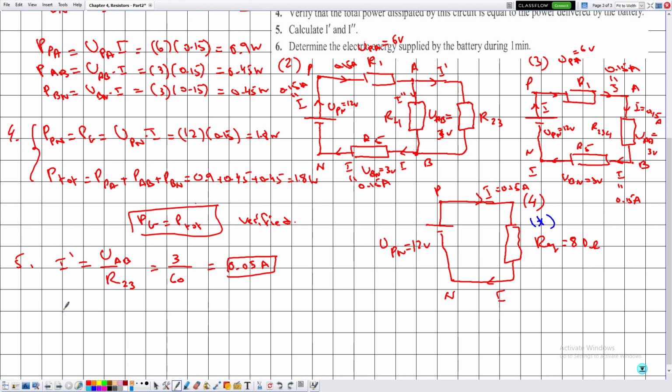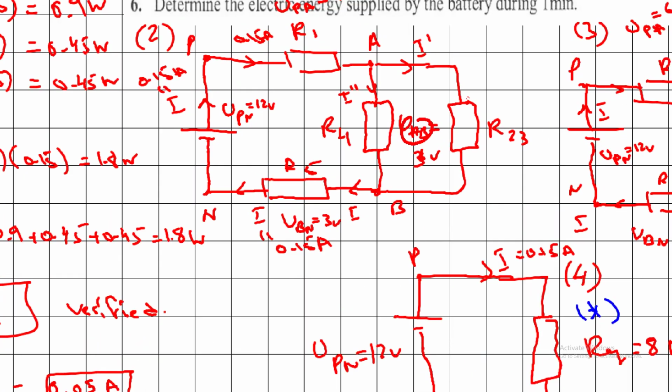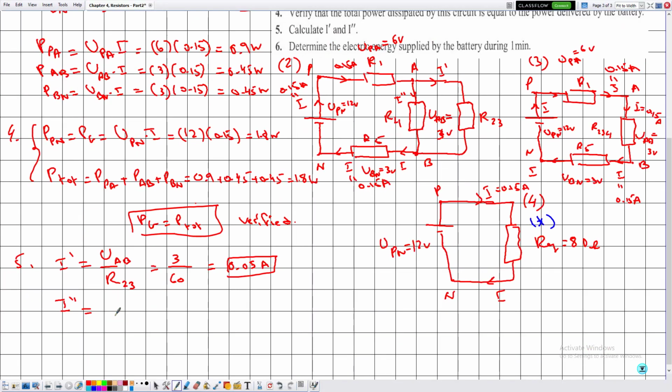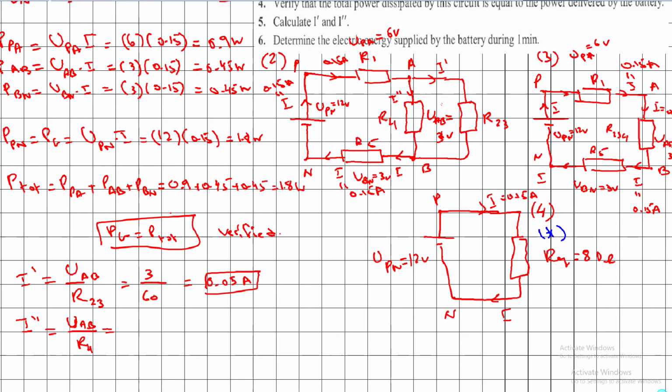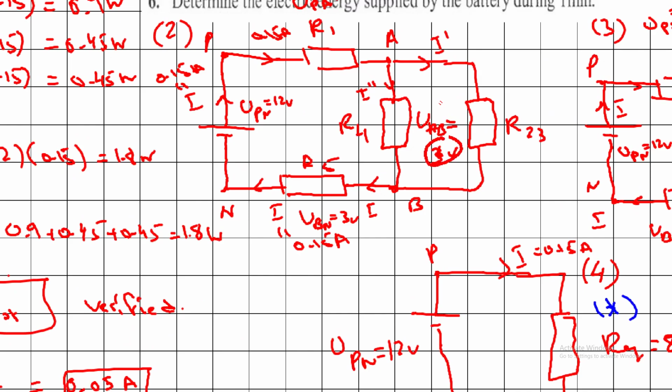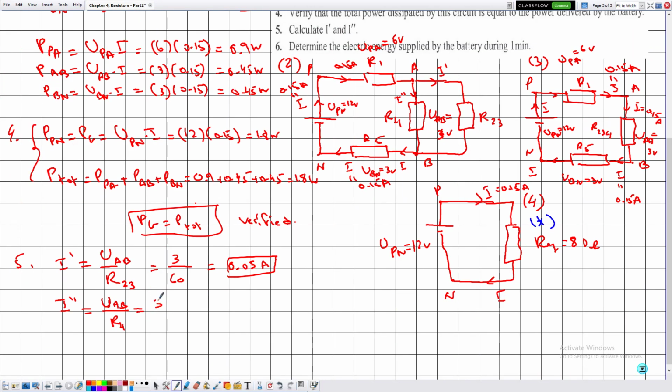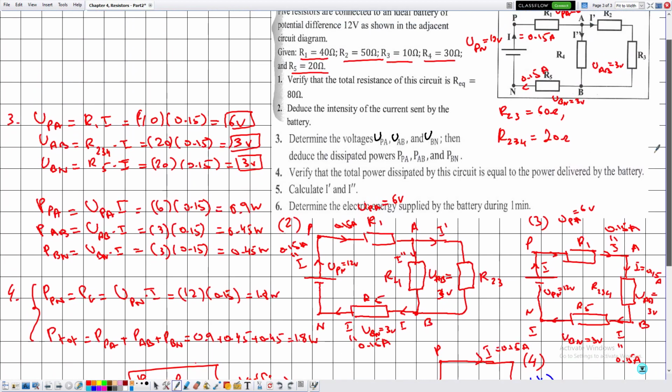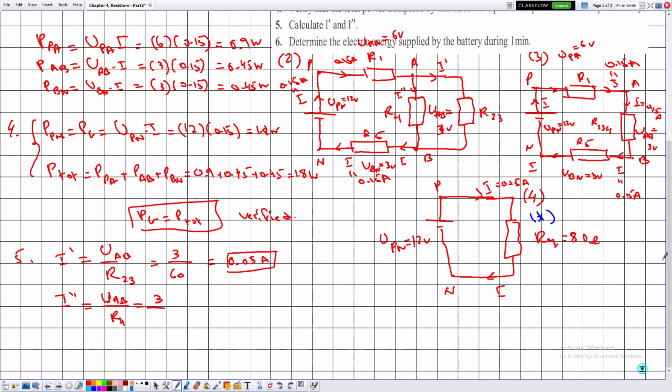Now as for I double prime, it is given by the voltage UAB across the resistor R4. The voltage UAB here is 3, divided by R4. The value of R4 is 30. Plugging this into the calculator, it's 0.1 amperes.